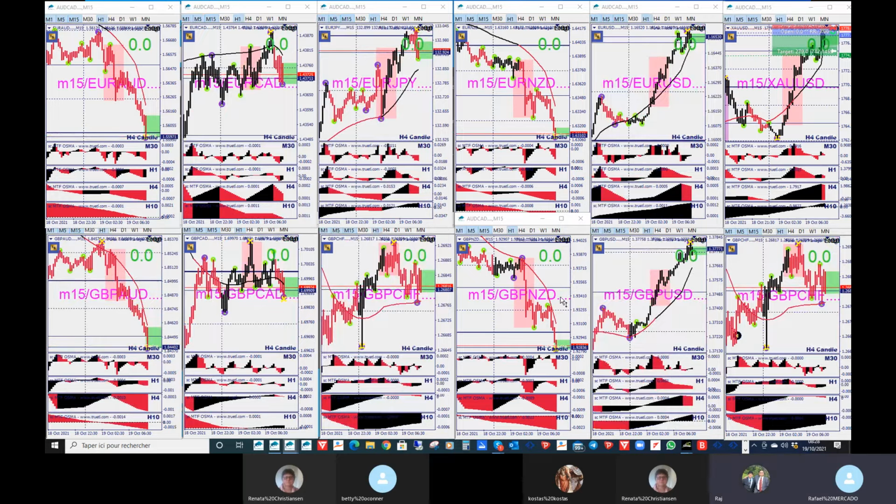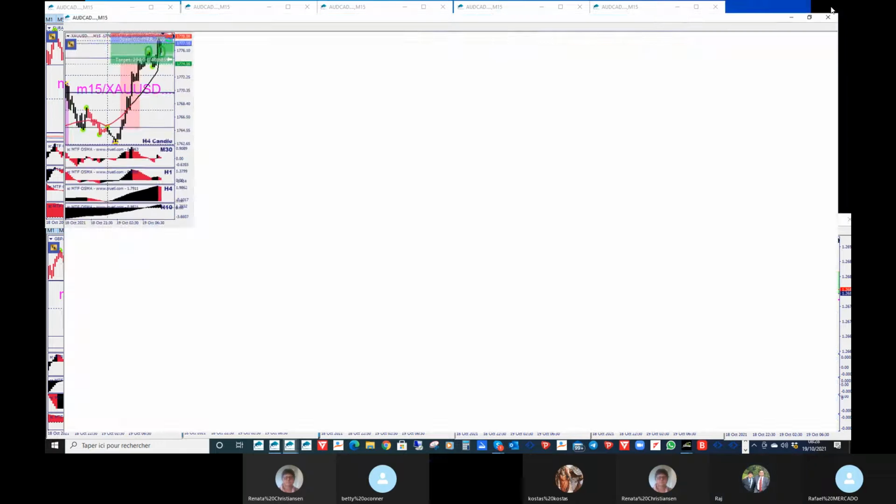Pound should reverse in the London Open, about another half hour. It's been going for a while. Pound NZD, pound Aussie, pound dollar. Those are three I'm waiting on.